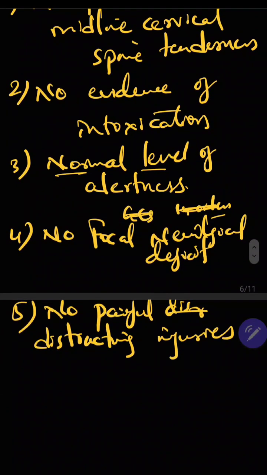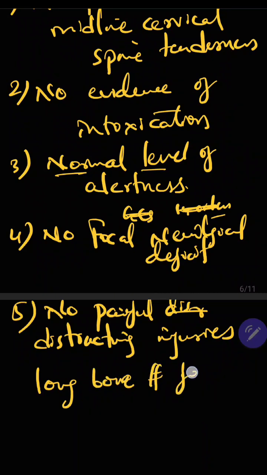So what are distracting injuries? Distracting injuries are like, patient may be having, for example, a long bone fracture. Patient will be having, for example, a femur fracture, which is causing more pain, and this pain will be sufficient to distract the patient from a second injury like neck injury.